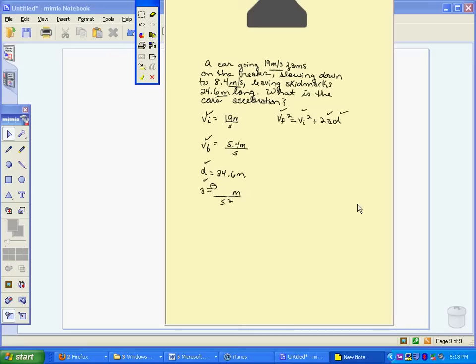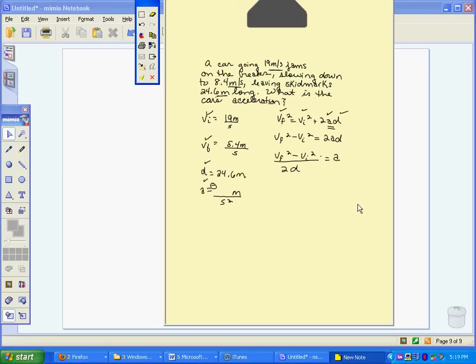So the next thing in my problem-solving process is that I am going to solve for the variable acceleration. VF squared minus VI squared, all I did was move it to one side, equals 2AD. I'm going to divide both sides by 2D. And that gives me acceleration.